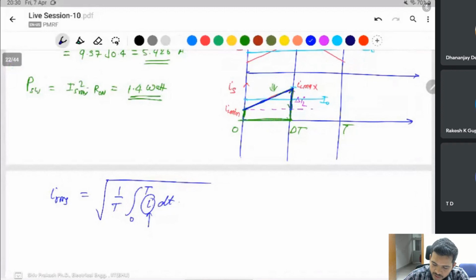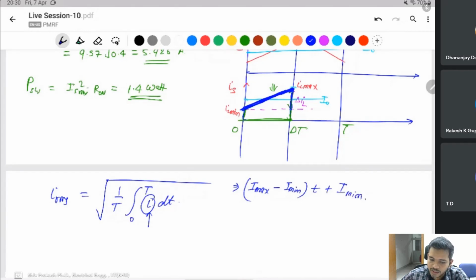Then what will be the expression of this waveform, this line? It goes from 0 to I max, like I max minus I minimum, into time, plus I minimum, divided by dt time period.